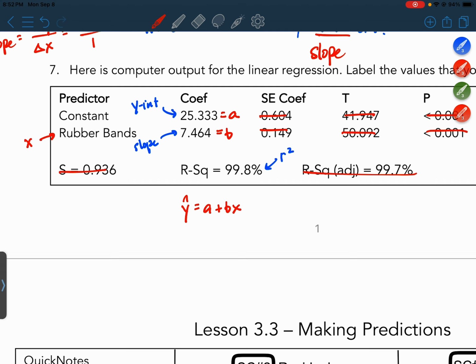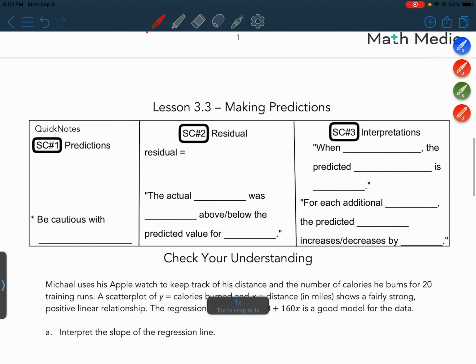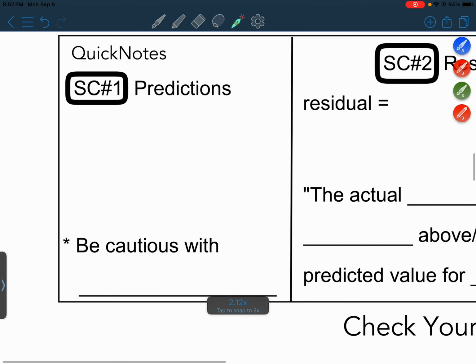All right, let's flip over to the next page and let's just do a quick summary of the 3 main points. So remember, I said this activity is all about predictions. So first, let's write down the equation that we're using to make predictions. In general, that's a predicted y value is equal to some constant plus some slope times an x value.